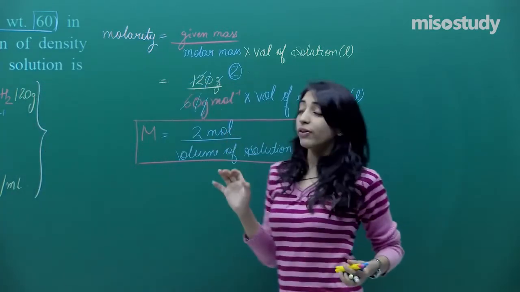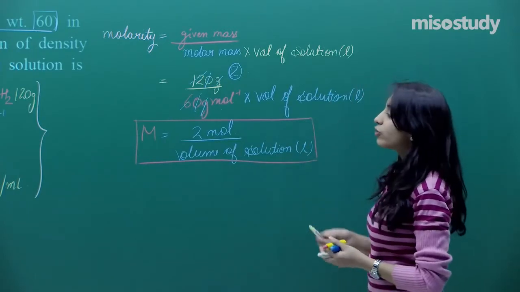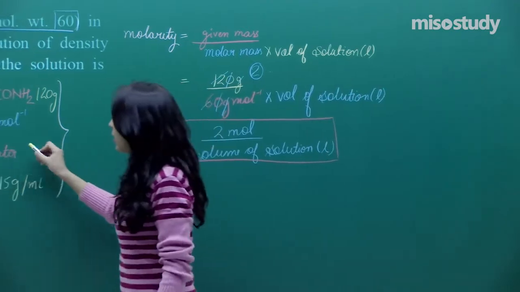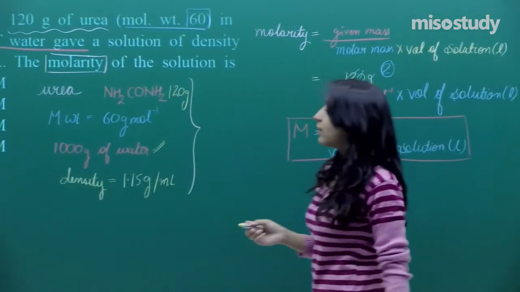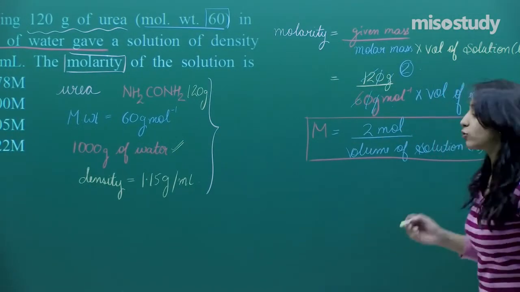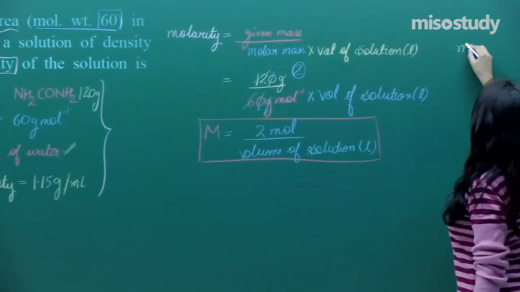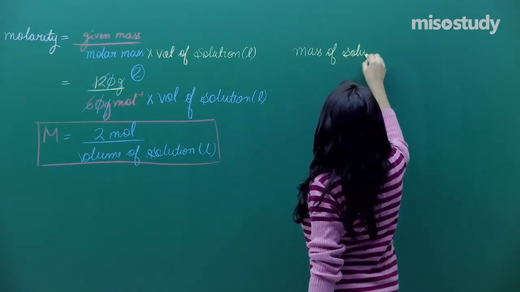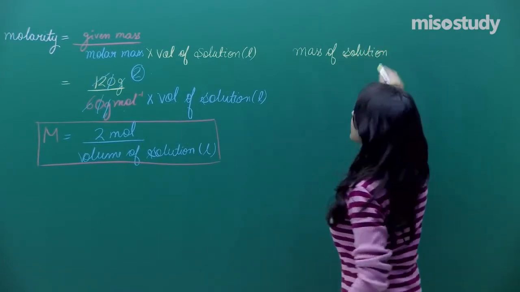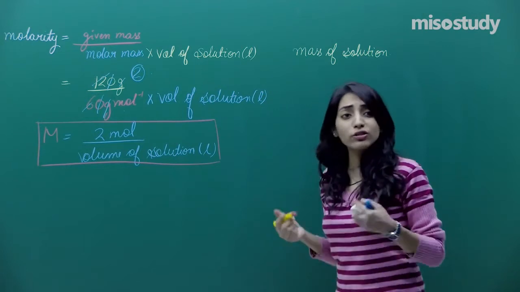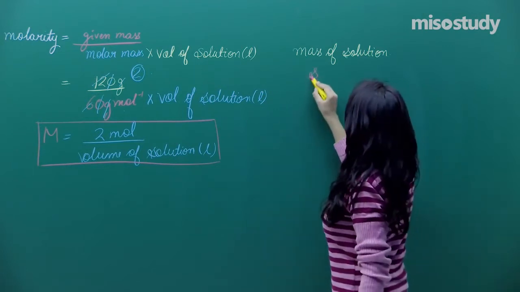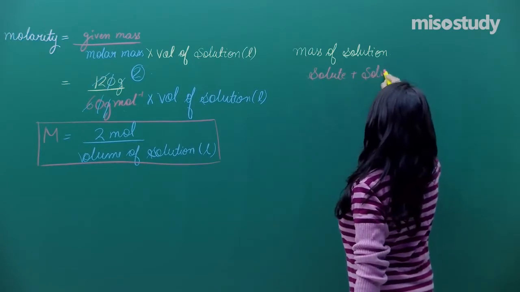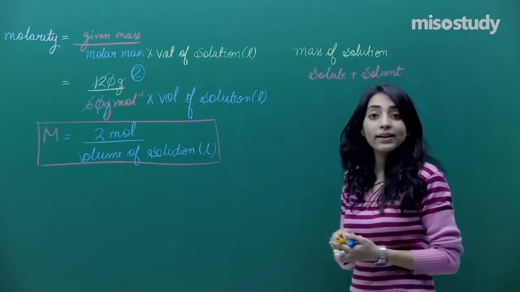So with this, we need to calculate the volume of solution, right? Listen carefully, guys. We are given that you have taken 1000 grams of water. So what is the mass of solution? Solution means you have solute plus solvent, right?